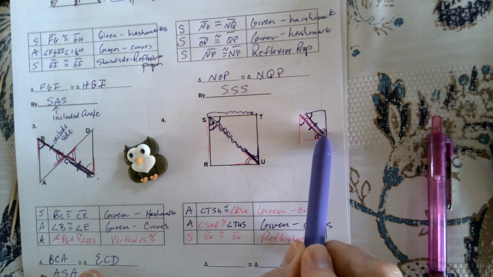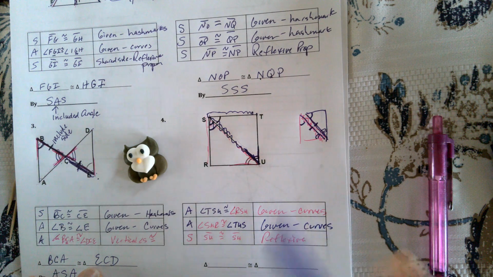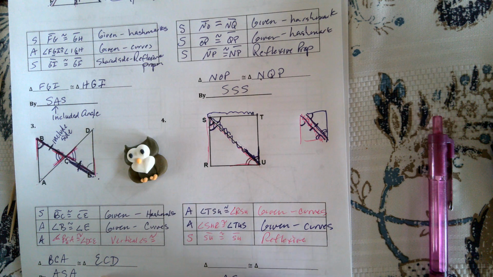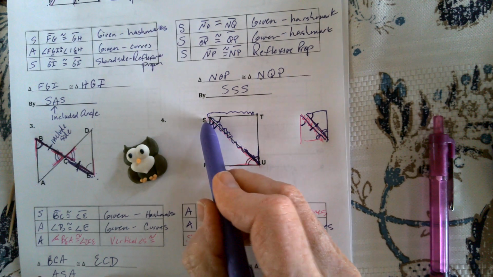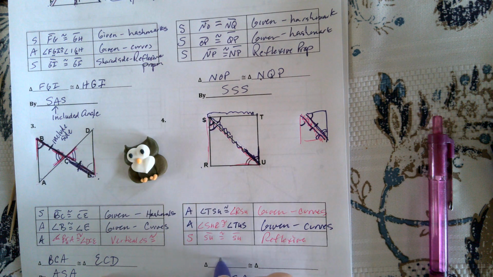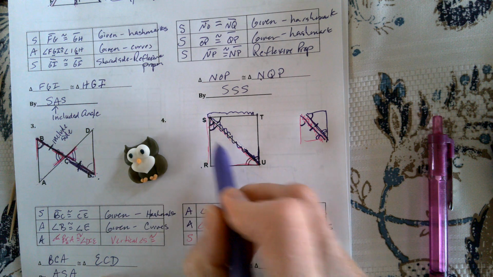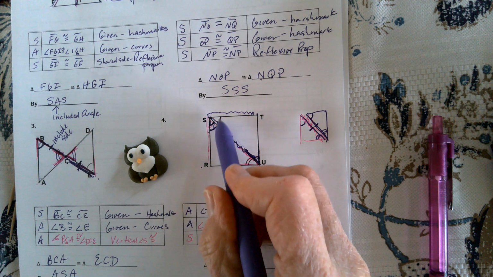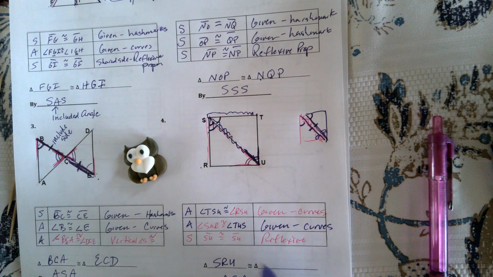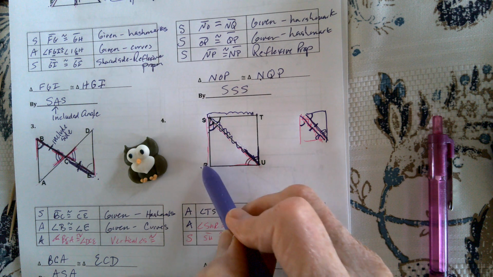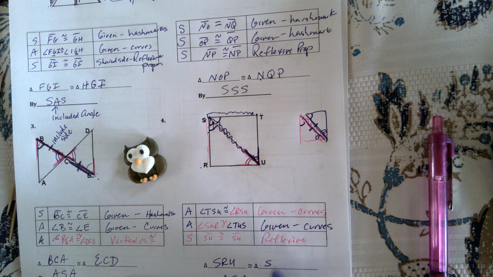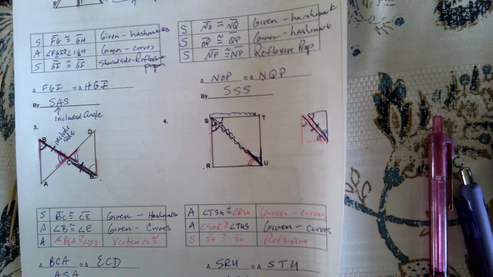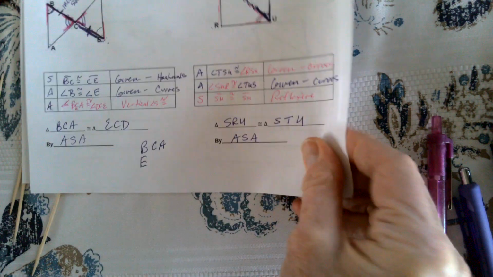Angle, side, angle. The reason is angle, side, angle. I'm going to say triangle SRU. What does angle S match up with? One curve to one curve matches up with S. S goes to R, S goes to T, U.